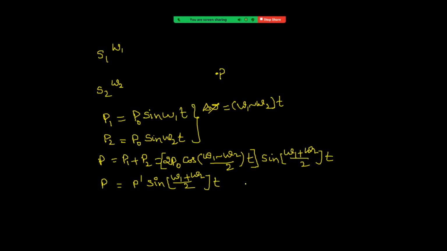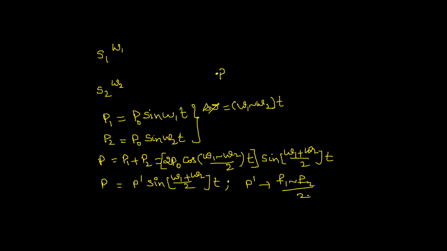Now the frequency of p dash, see how much? (f1 minus f2) by 2. That is the frequency of that function p dash. Okay.